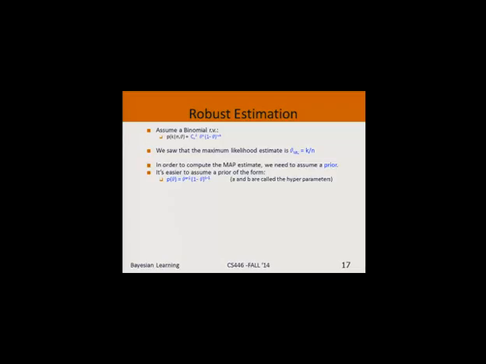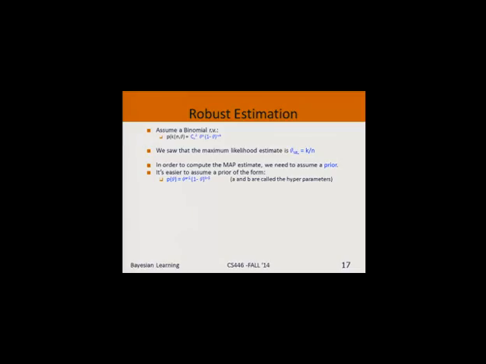Now, before we did not assume any prior. We just cared about the maximum likelihood. If I want to do the MAP, maximum a posteriori estimate, I need to assume a prior. Which prior should we assume? What's commonly done is to assume a prior that has the same form as the posterior.